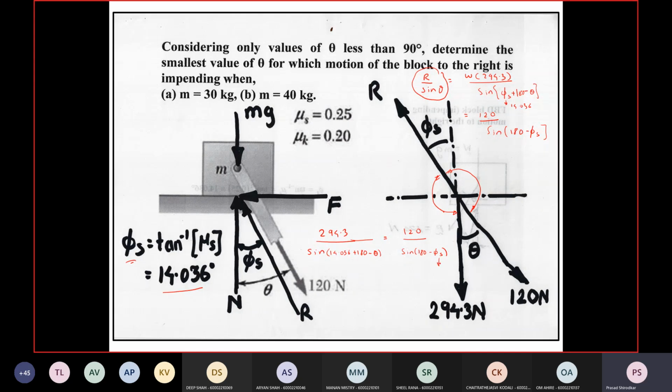And again here phi s is 14.036. Substitute and find out.